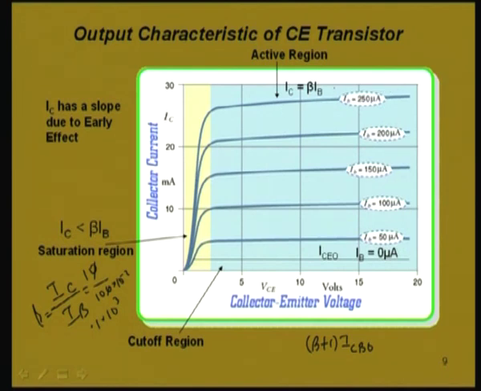So, the output resistance of the transistor is very high, in the order of megohms, and in common base it is even higher than common emitter, almost like infinity. So, there is no change of current even if you go on changing the collector to base voltage in the common base, but here of course it is a little lesser, that output resistance R naught is a little lesser than common base because of the presence of this slope.